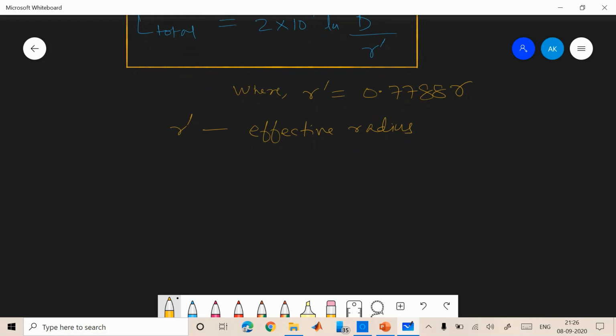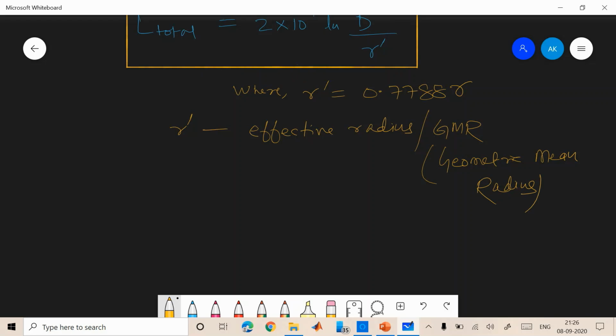Obviously, R dash is lower than R. Also, this effective radius is also termed as GMR. GMR means geometric mean radius.